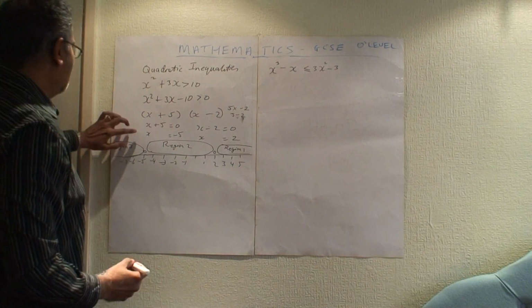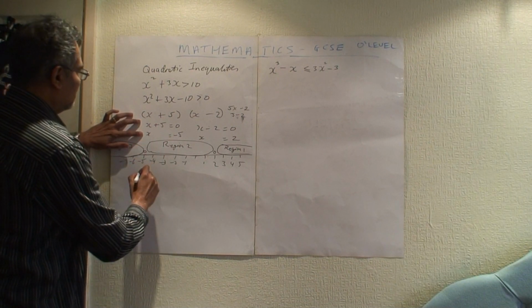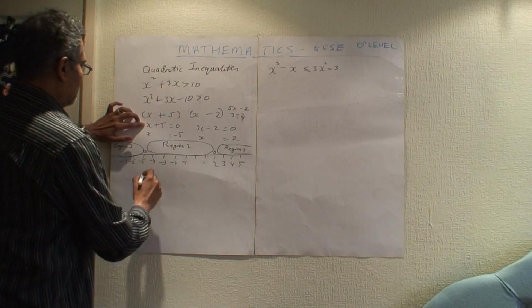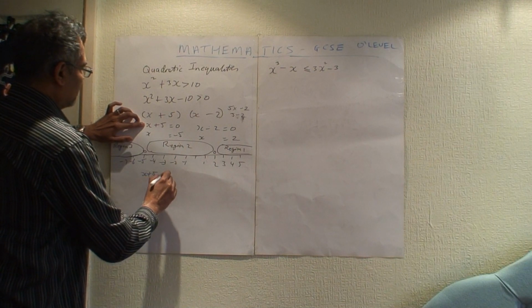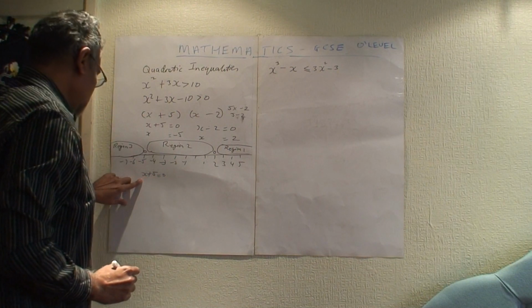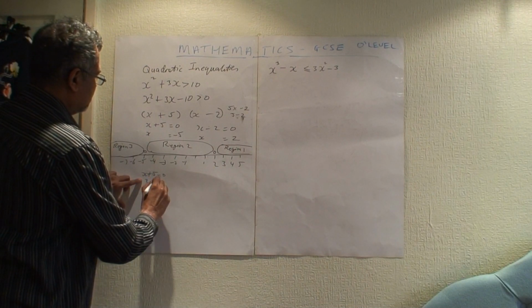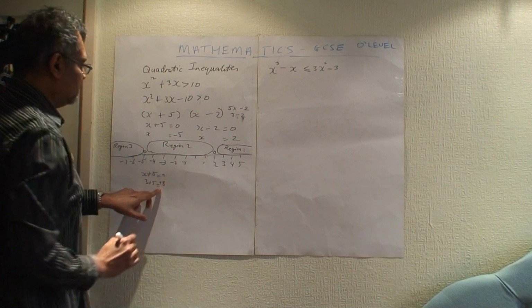We're looking at this one here: x plus 5. If x is 3, then 3 plus 5 is 8, so that's positive 8.